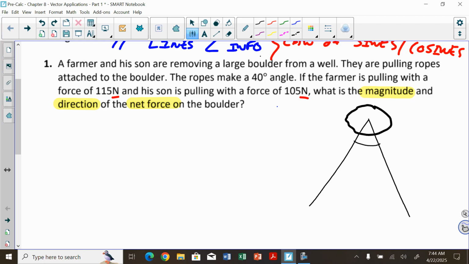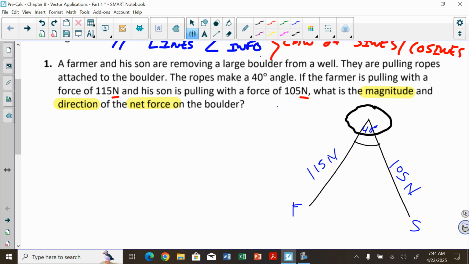Okay, this whole angle measure here is 40 degrees. Okay, but if we notice that, and I'm just going to draw this to be the farmer, and this is his son, okay? Their forces are a little bit different, right? So we've got, this is 115 newtons, and this is 105 newtons, okay?